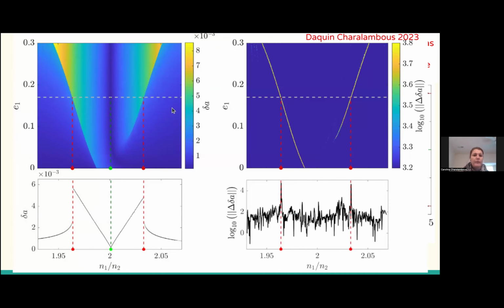And here you see the delta semi-major axis, and here you see the second derivative of the delta semi-major axis. And so here you see somehow complementary views. We can tell that here we have the separatrix, but here we can see it sharply.